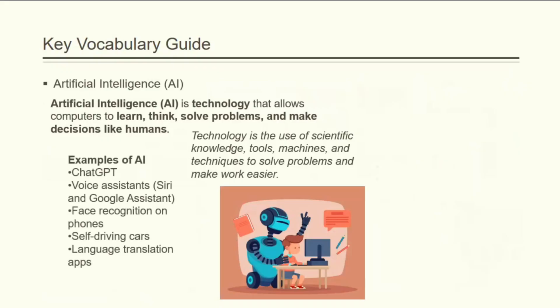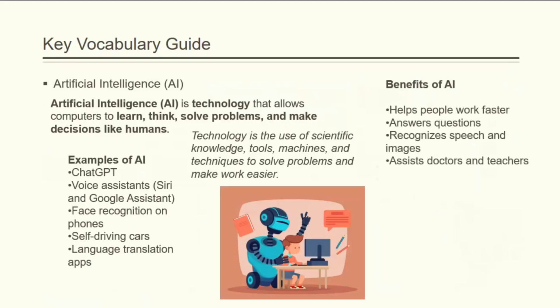Some of the examples of artificial intelligence are as follows: ChatGPT, voice assistants such as Siri, Google Assistant, face recognition on your phones, self-driving cars, language translation apps, and so on and so forth. These are all examples of artificial intelligence.